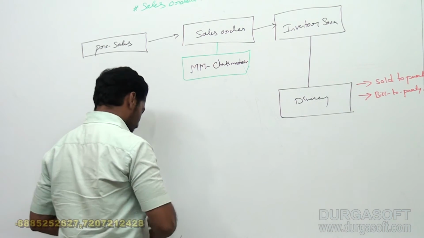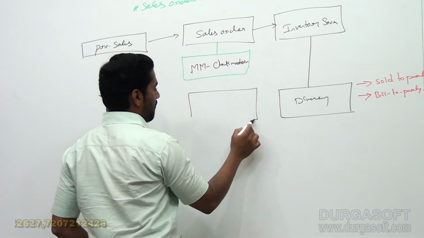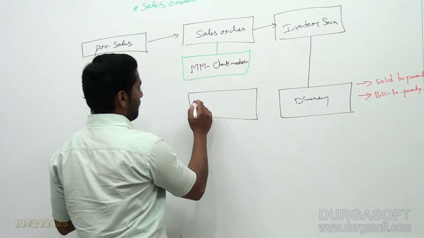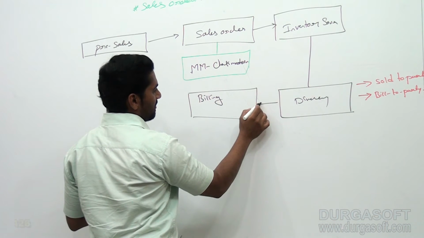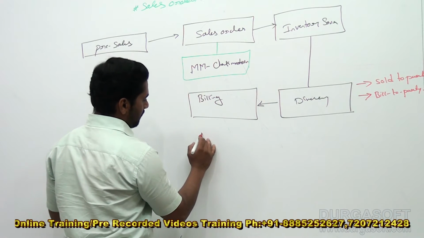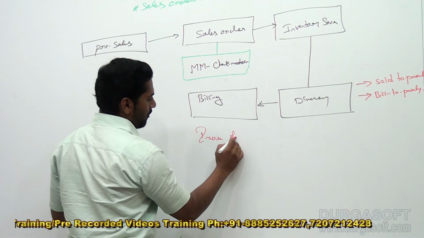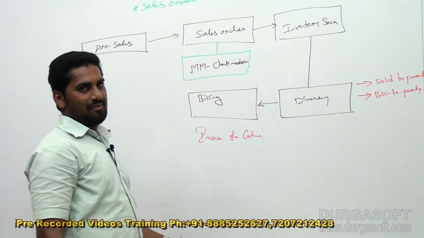Once the delivery is done, the next step is the billing part, where we get an invoice. The next step is we go to billing, where we get an invoice for the customer, where we receive the payment.